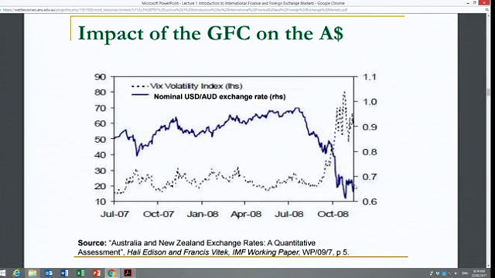fallen in value, right? Now, in the terminology of foreign exchange markets, we would use the terms appreciation and depreciation. So in this context, we can talk about appreciation and depreciation. The US dollar has actually appreciated from July 2008 to October 2008, whereas the Aussie dollar has depreciated in that same period.